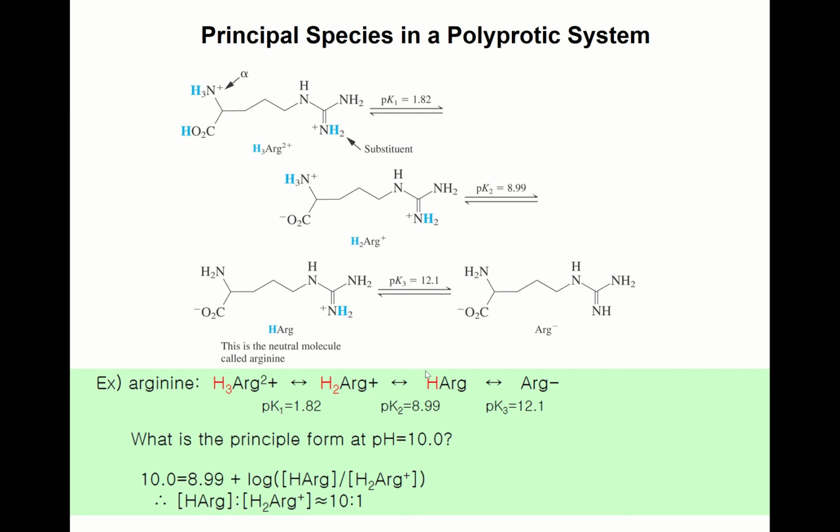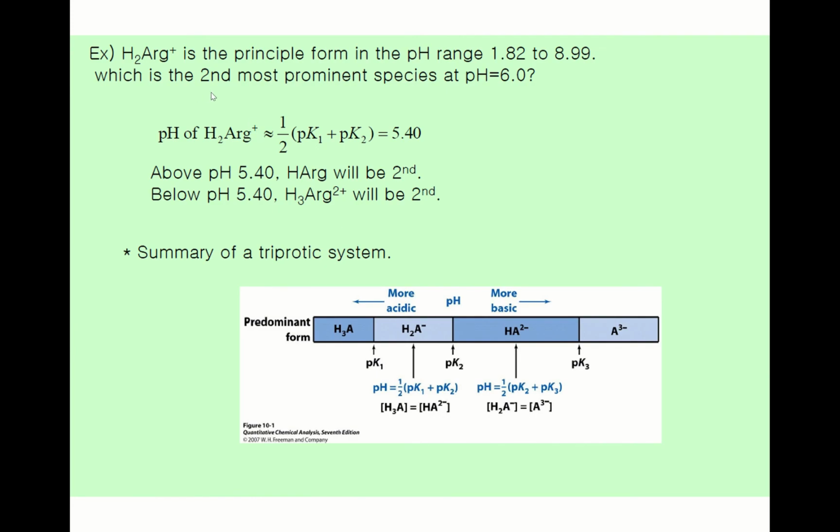All right, and then the question is which is the second most prominent species at pH 6. First let's calculate the pH of diprotonated arginine, using this very simplified equation, and then we can calculate the pH of 5.4.